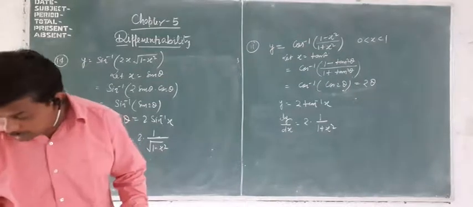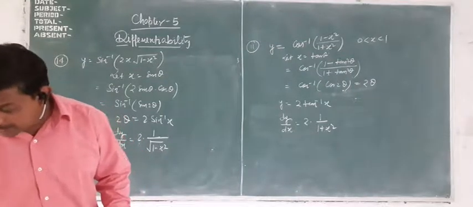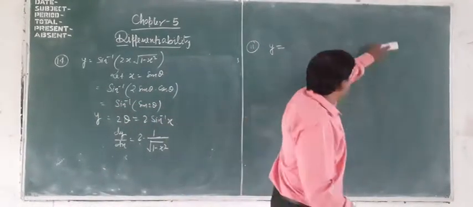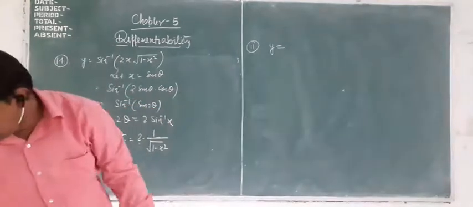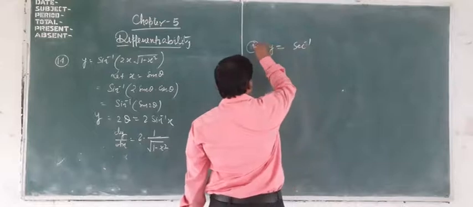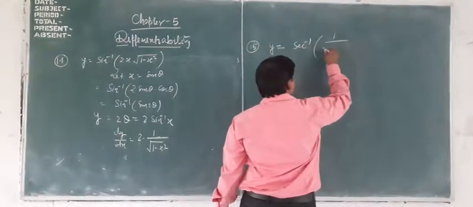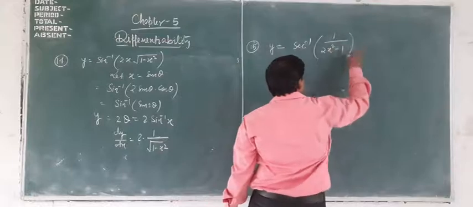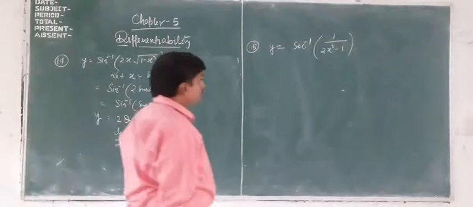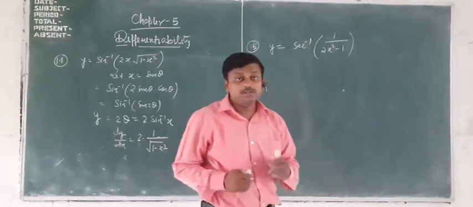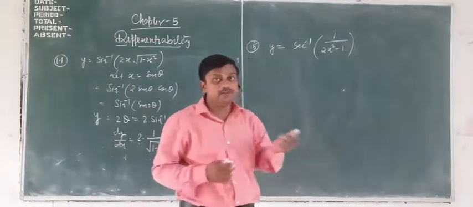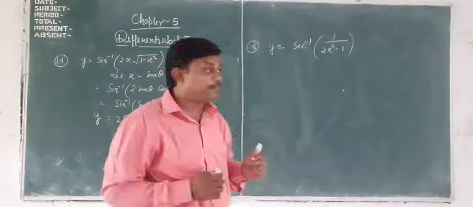In the last question, question number 15, y equal to sec inverse of 1 by (2x square minus 1). I have written one formula: 2 cos square theta minus 1.